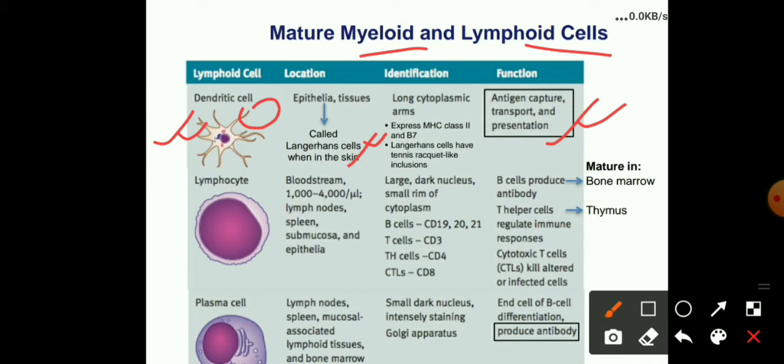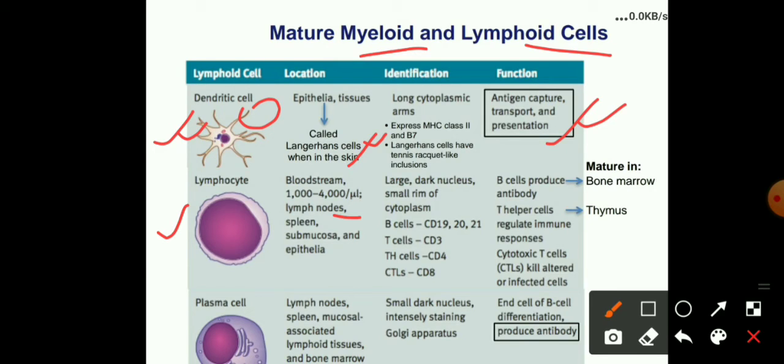So dendritic cells capture the antigen, transport it, and also help in antigen presentation. The next one we have is the lymphocyte. Lymphocytes are found in the bloodstream, in a quantity of 1000 to 4000 per microliter, and we can see them in lymph nodes, spleen, submucosa, and epithelia.